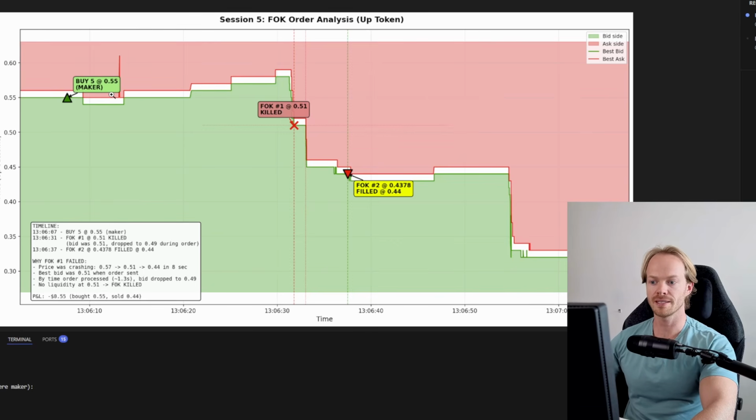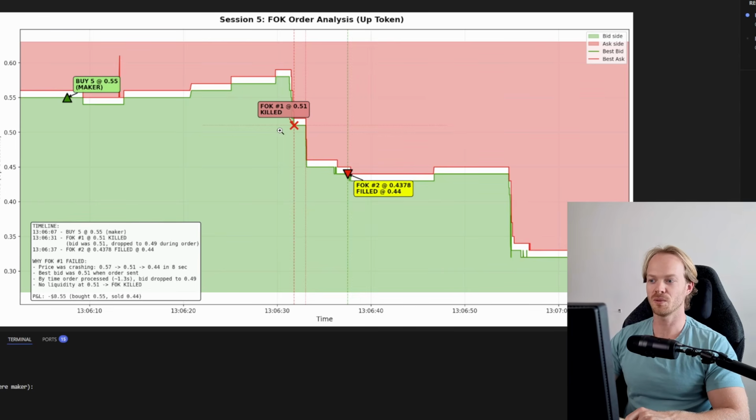If the P&L is less than the threshold, I think it was 10% in this case, it's going to execute a sell order. And I did the fill or kill, and what actually happened was it got killed, because you can see here from the time the order is placed on Polymarket, the market already moved against it.